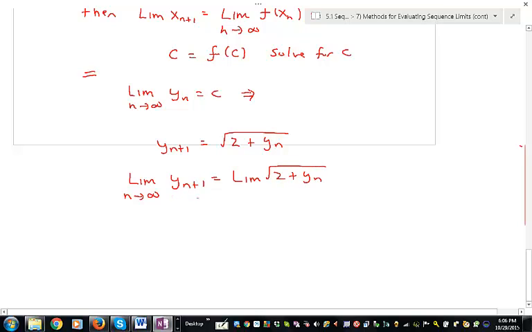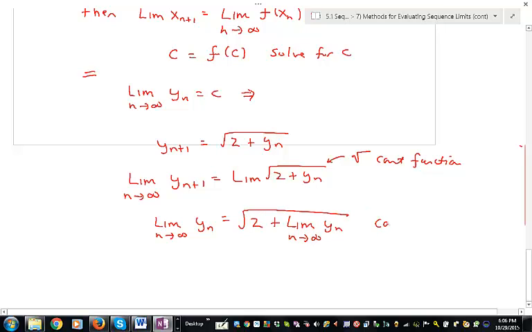Notice the limit of y_(n+1) is the same as the limit of y_n, right? This is a continuous function. So the square root function is going to be a continuous function. Therefore, the second method that we presented said you can just basically take the limit inside. This is by the continuous function theorem.